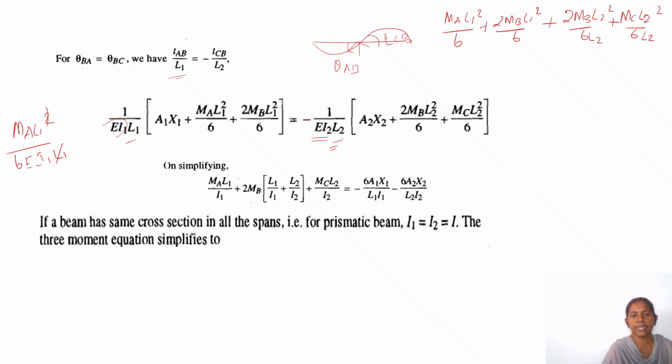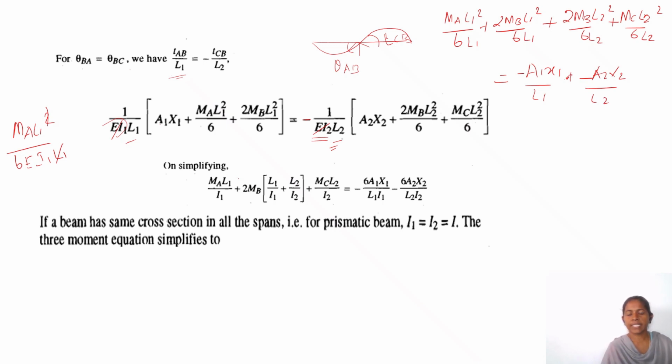I am taking EI as common and cancelling EI, because I am taking EI as constant. Only I am going to multiply L1 inside. So 6L1, here also 6L1, and I am going to bring that term to the right side, which is equal to minus A1 X1 by L1, next minus A2 X2 by L2.